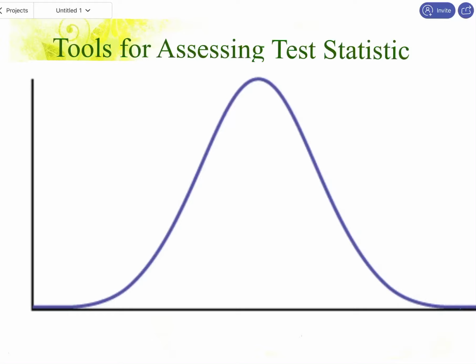Okay. A quick summary on what we just did. We have two different methods for determining the validity of a hypothesis. The first one is the critical value method.